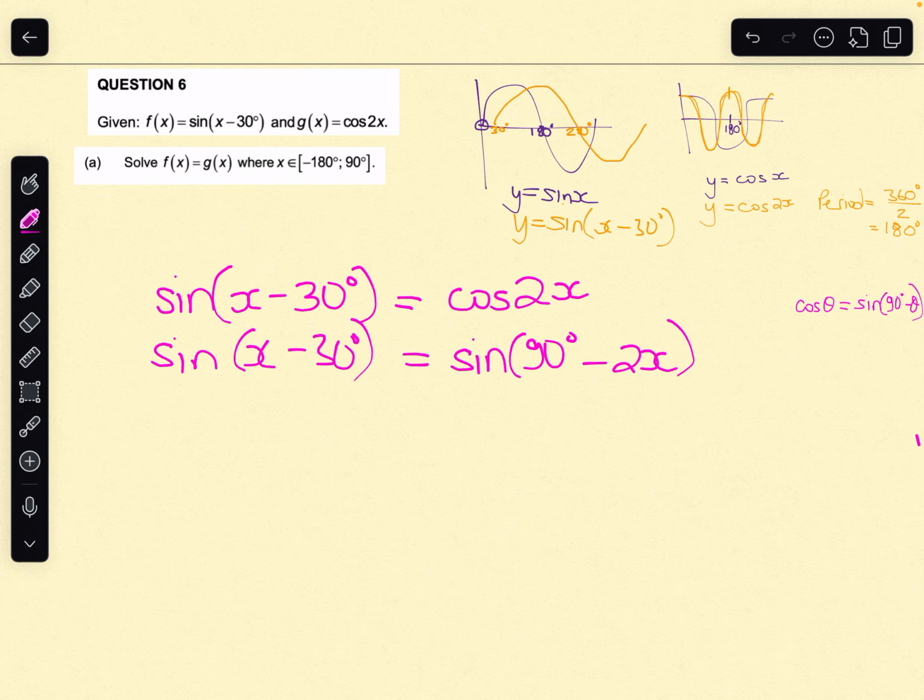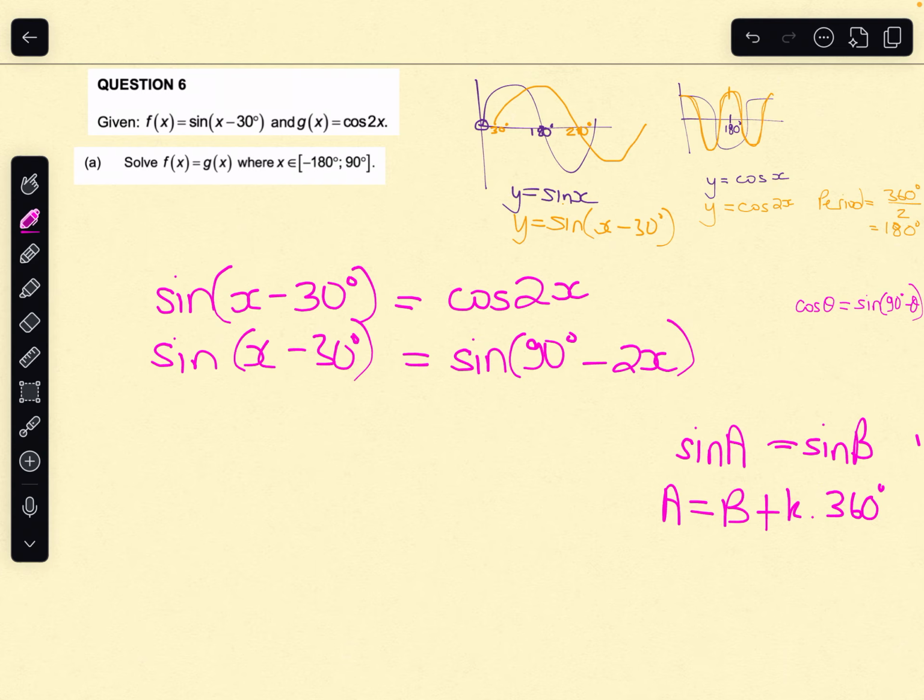Now remember, if sine A is equal to sine B, one possibility is that A is equal to B, but it could also be B plus or minus as many revolutions as we want, because those angles, if you look at them on the Cartesian plane, would be in the same position.